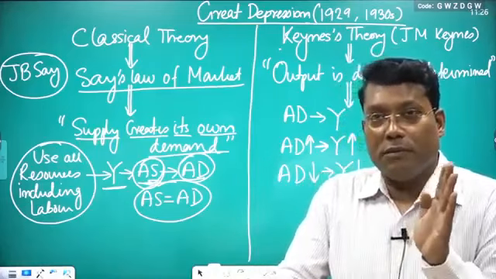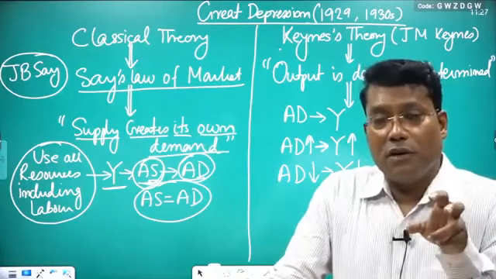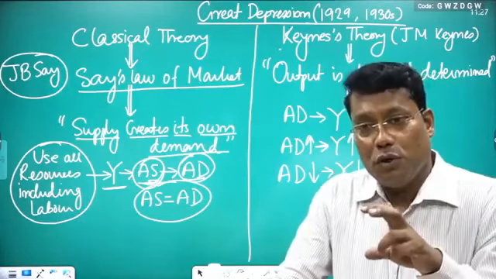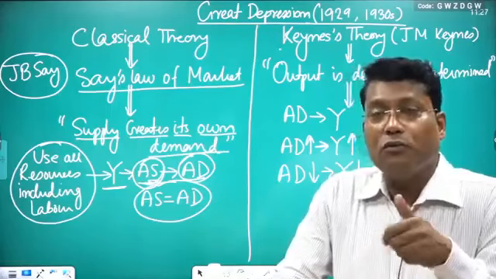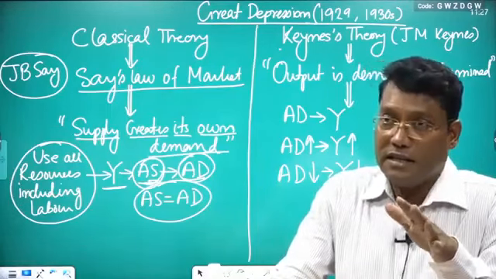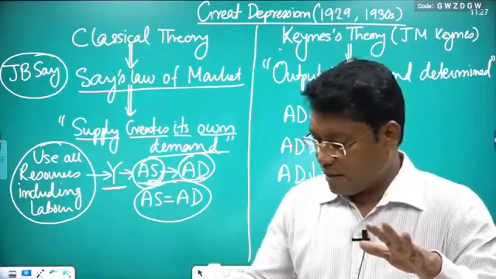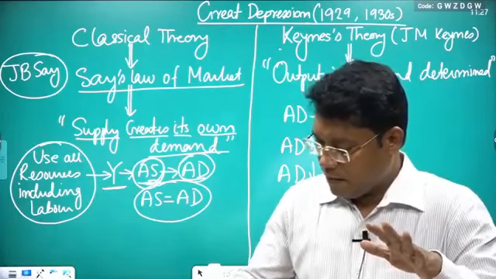Whenever you get that aggregate supply of goods and services is equal to aggregate demand for goods and services, then you can say that yes, market or economy is at equilibrium. Simply you can say that. Clear, dear?